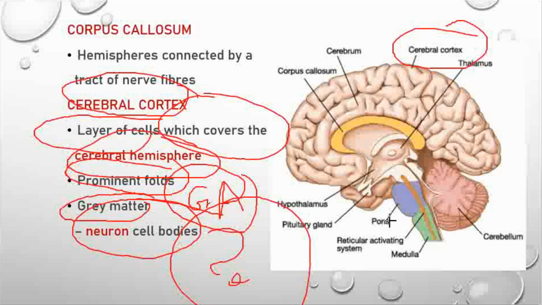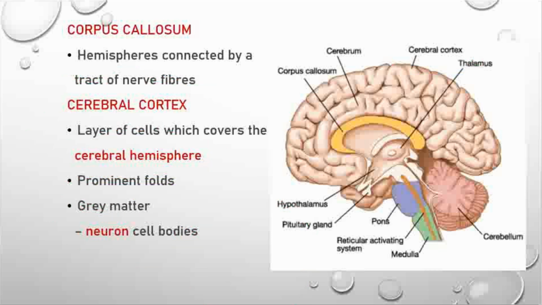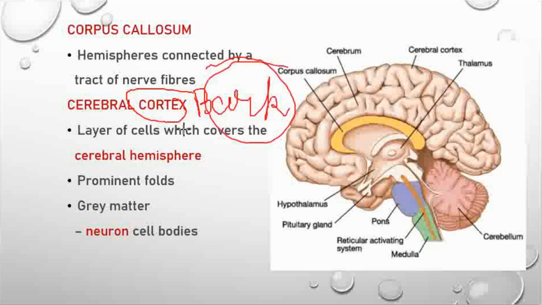The word cortex in Latin means bark, the outer covering. Just like a tree has bark, that is known as the cortex in Latin. So the cerebral cortex is the outer layer.